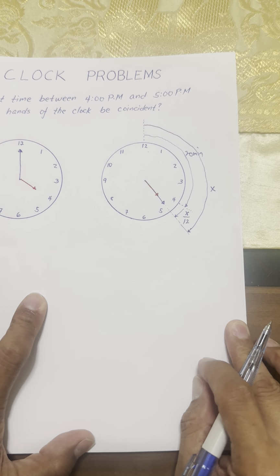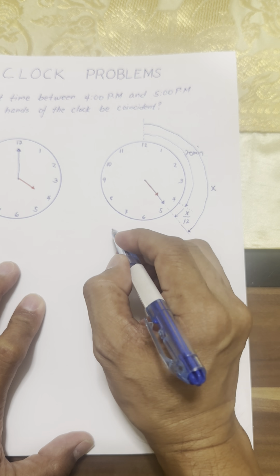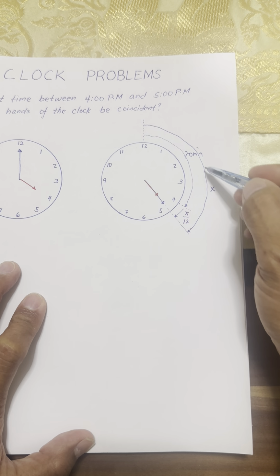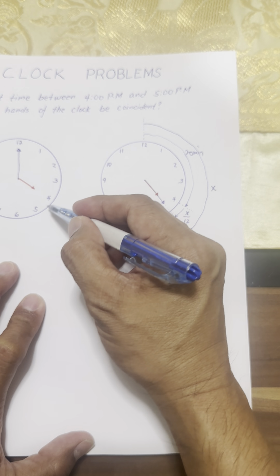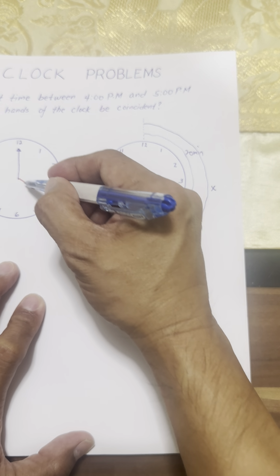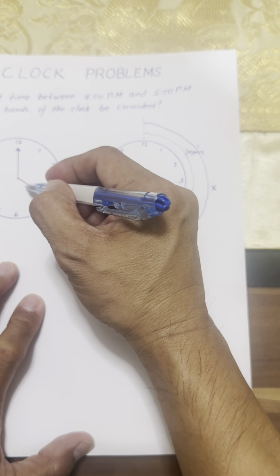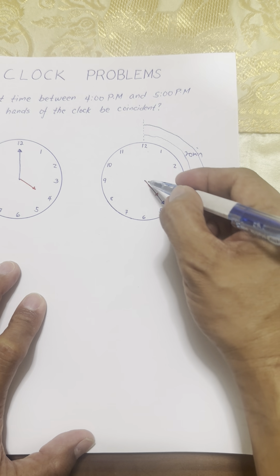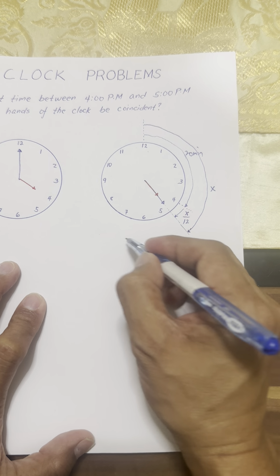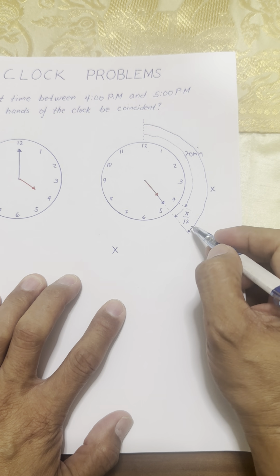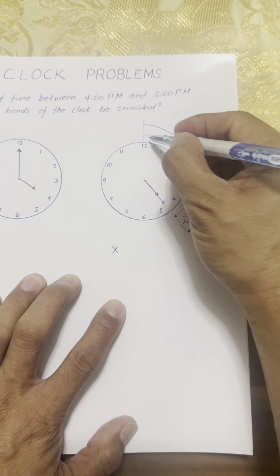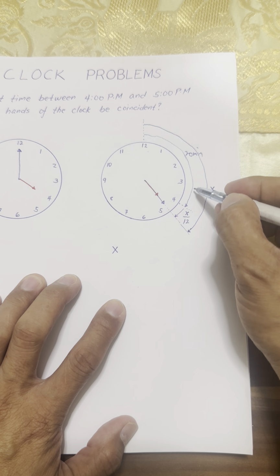Okay, so this is the algebra now. The total distance, which is equal to x, is the distance the minute hand traveled up to the point where the minute hand and the hour hand are coincident. That distance x is just the sum of these two distances in terms of minutes.